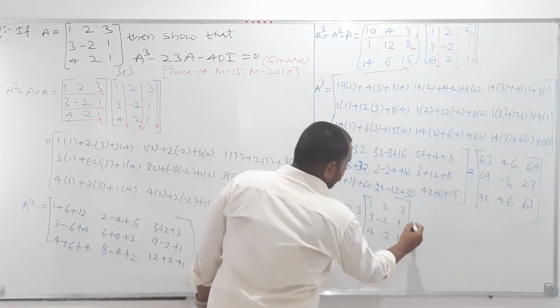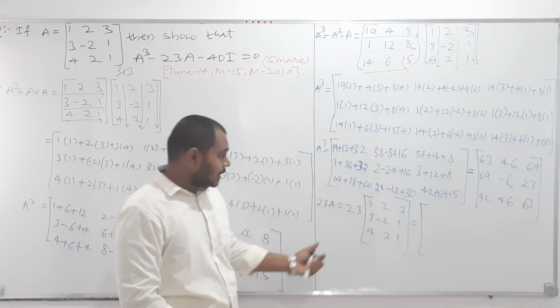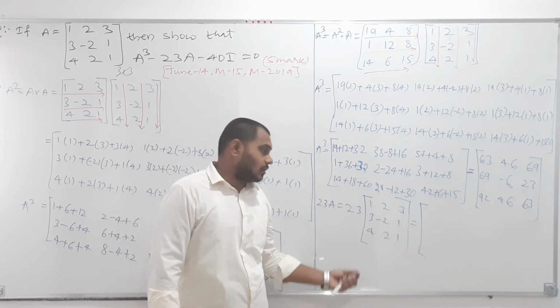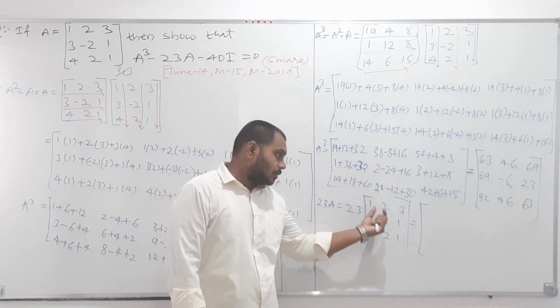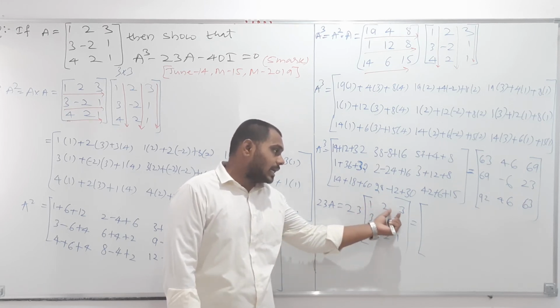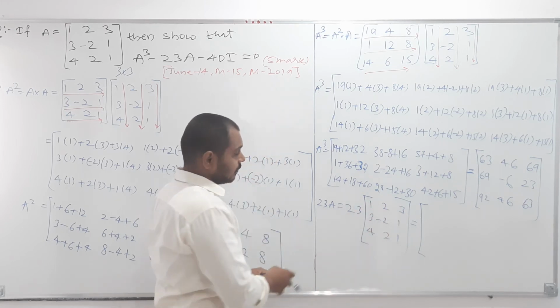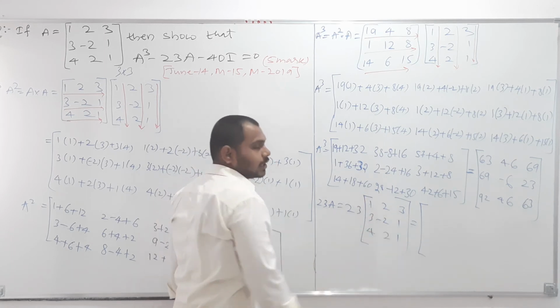We discussed any scalar value, 23 will act as the scalar value. So any constant or scalar value, if I wanted to multiply to any matrix, I should multiply this constant value with each element of the given matrix. So we should take 23 inside the bracket and multiply each element of the matrix.